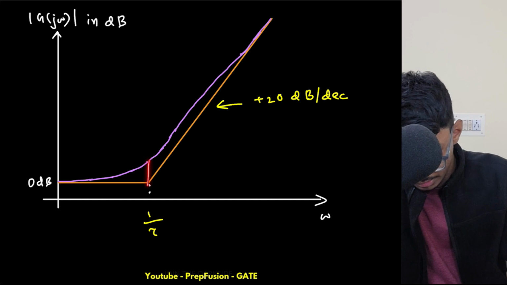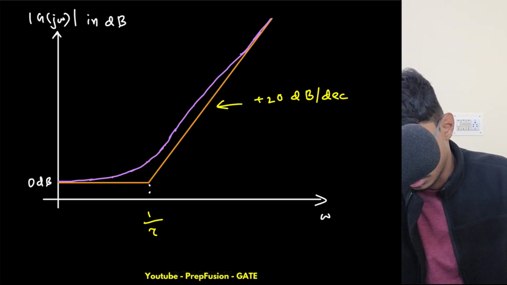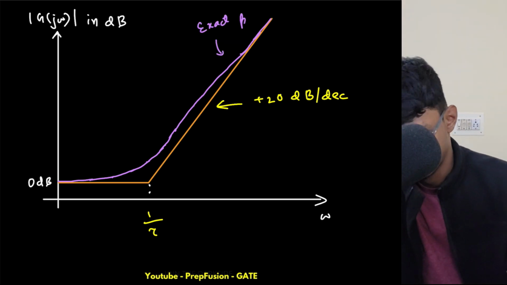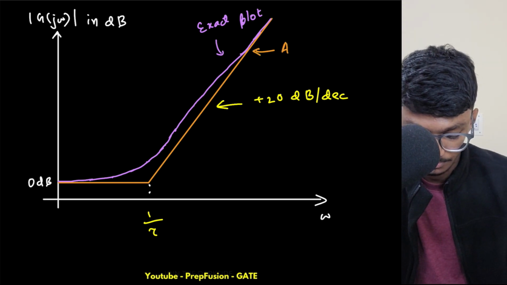And if you calculate the error again at this corner frequency, you will see that it is a 3 dB error. So like this is my exact plot, and this is my approximate plot.